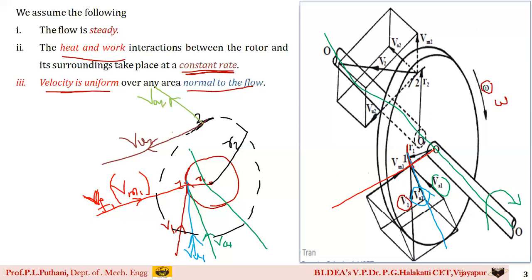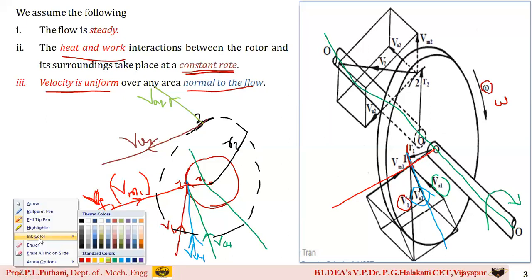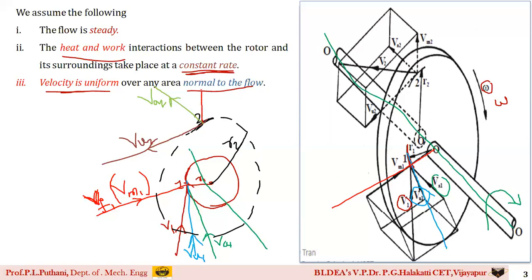Then normal to this axis, at 90 degrees, whatever the velocity is, we term it the flow velocity or the meridional velocity, this line here, the flow velocity at the outlet, Vf2, or even Vm2 in some textbooks.